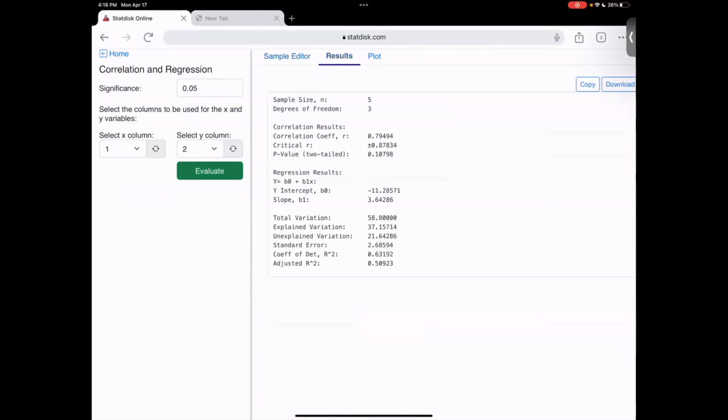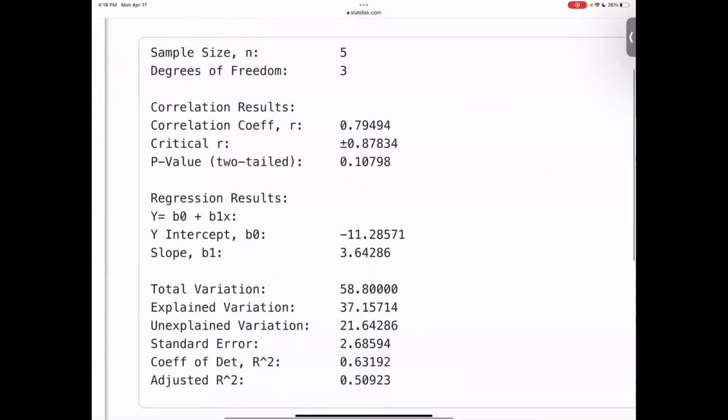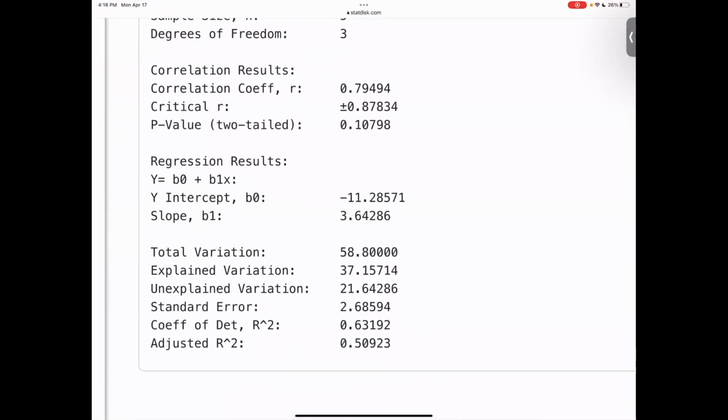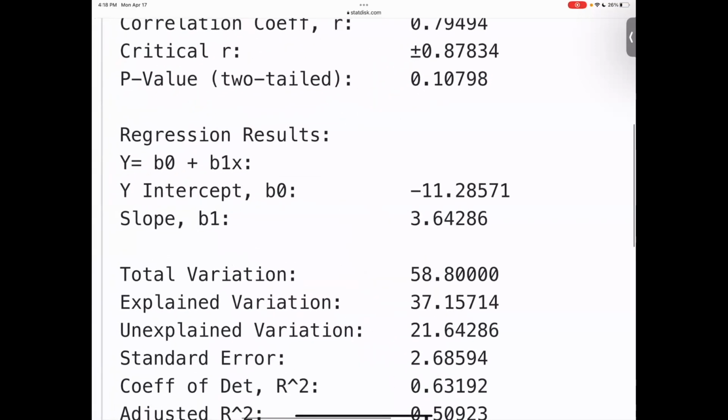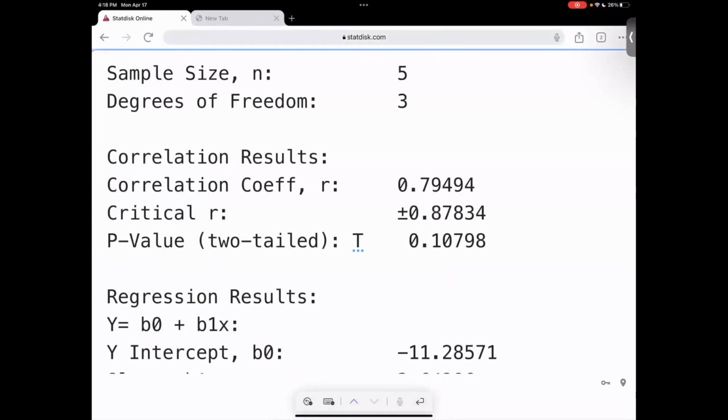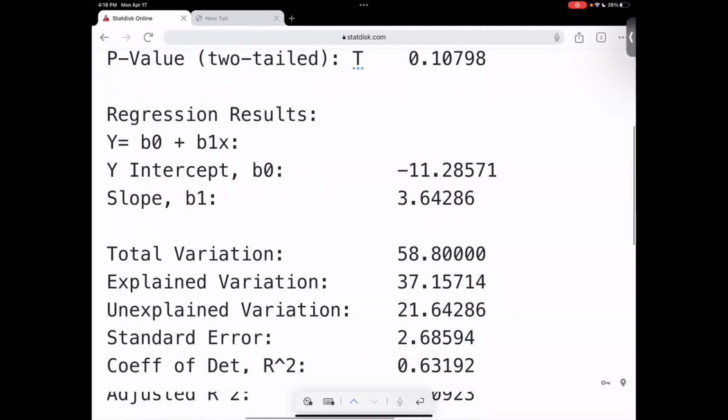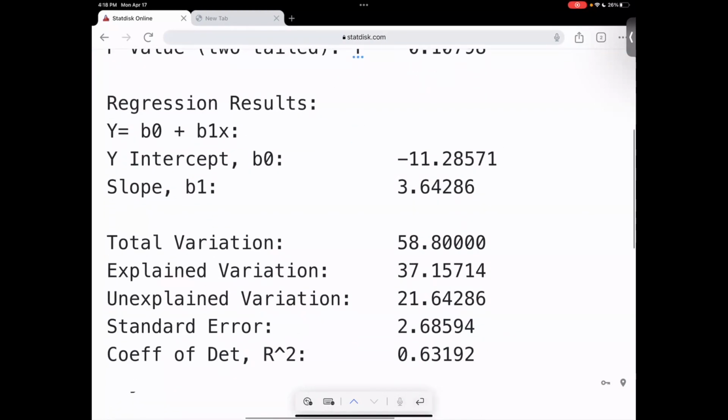So if we find the function, this is the regression function here.